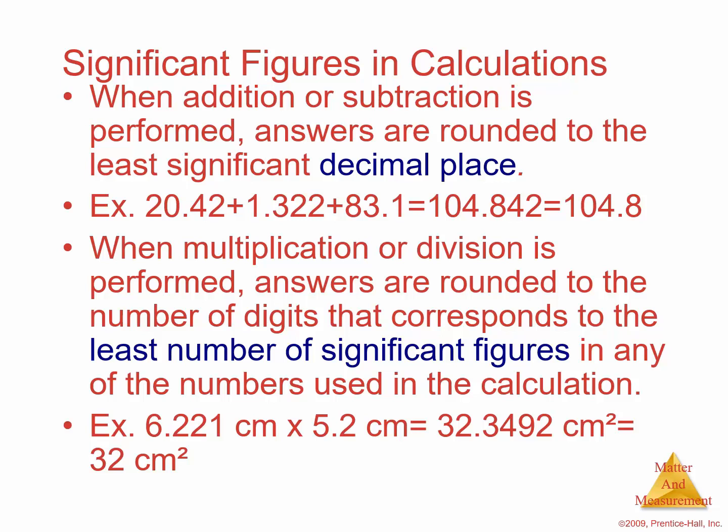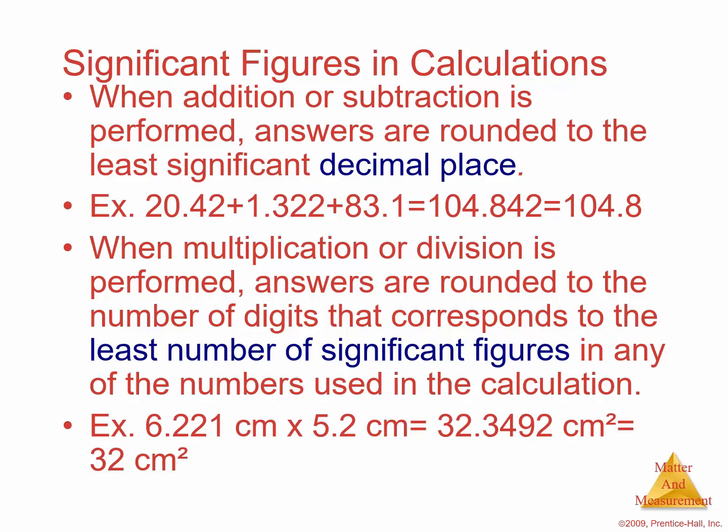Notice that for addition and subtraction, decimal places are counted in determining how many digits to report in an answer, whereas for multiplication and division, significant figures are counted in determining how many digits to report.